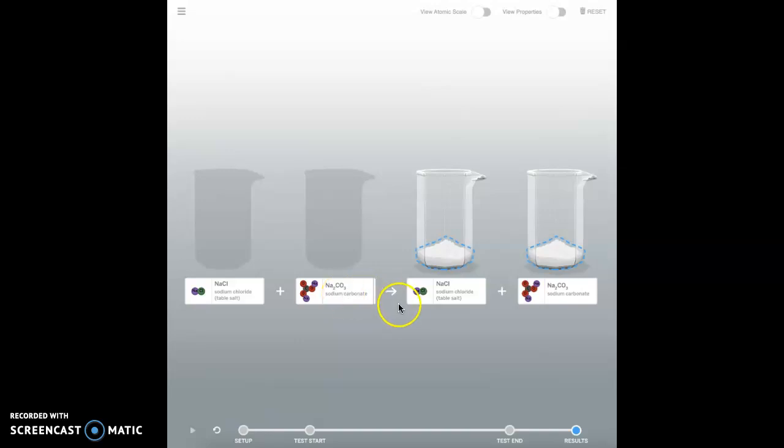Now, what are our products? You'll notice that we also have sodium chloride and sodium carbonate. So what happened when these two substances interacted with one another? Did they change or did they stay the same? Pause the video and go back to the classwork and answer question number 4 in complete sentences.